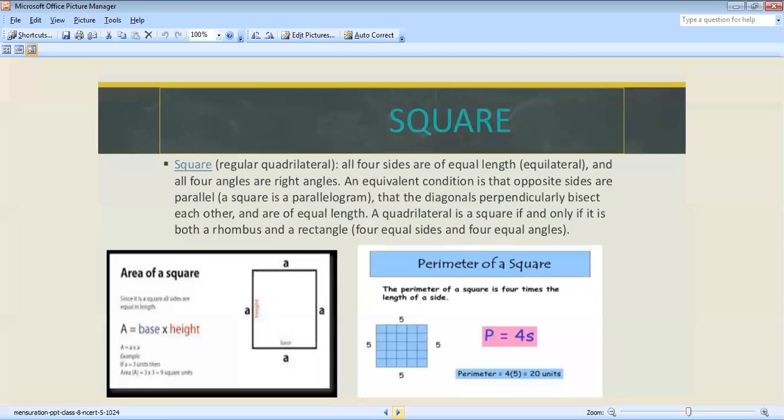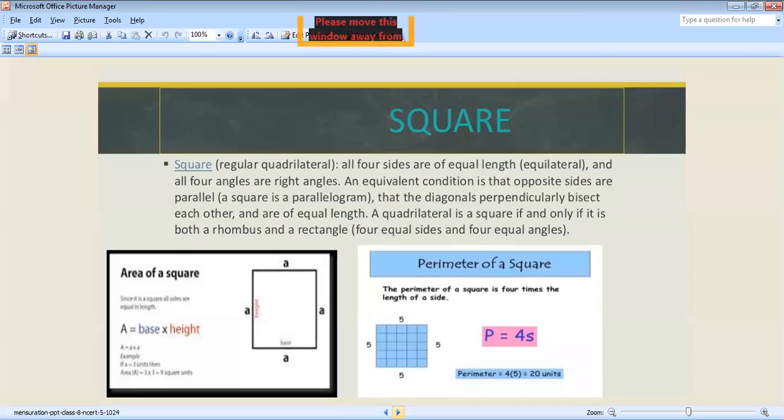So first, in the types of quadrilaterals, we are taking the square. What is the square? In the regular quadrilateral, all four sides are equal length, and all four angles are right angles, and the opposite sides are parallel.